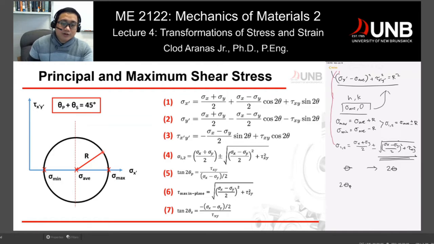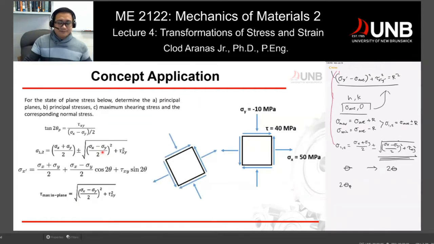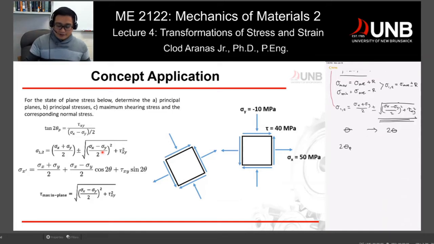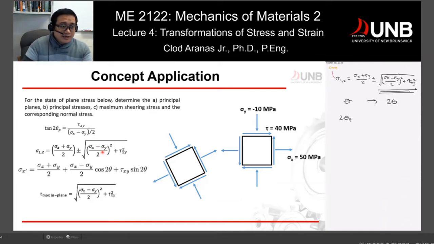So we now have all the equations 1 to 7, and now we're ready to solve problems. Let's start with this very simple problem. For the state of plane stress below, it should be on the right side, to be honest, determine the principal planes, principal stresses, maximum shear stress, and the corresponding normal stress. But before we answer this, let's clarify what the problem is asking.